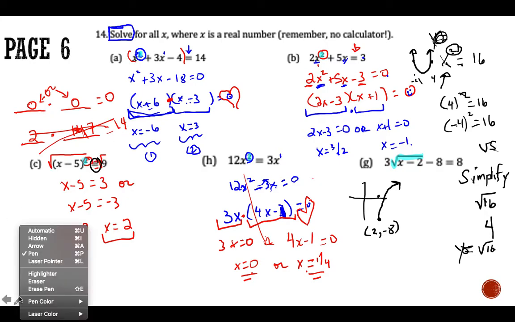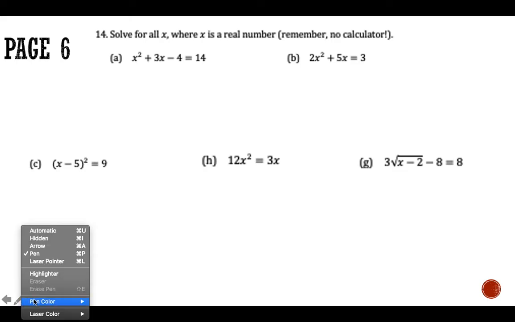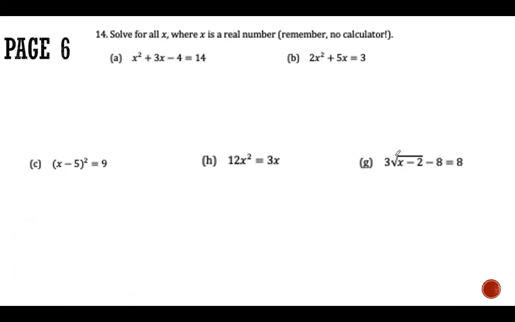Now let me get to that last question. Solving a radical equation. I'm trying to get the radical by itself so that I can get x by itself. I want x by itself, so the first thing I'm going to do is undo addition and subtraction.